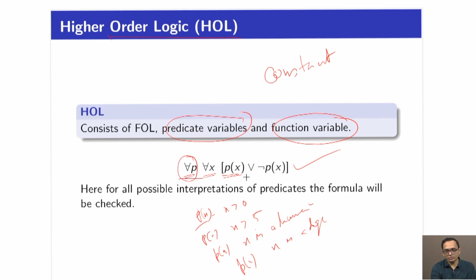This formula may be true when p is equal to h, equal to human, but for some other cases it may not be true. But you can clearly see that it does not matter what the predicate is, you are taking p(x) or not p(x). Whether it is checking x greater than 0, x greater than 5, whether x is a human being, x is a dog, whatever it is, this will always be true, because you are taking the predicate and its negation. So, you can clearly see that this is more powerful than first order logic.